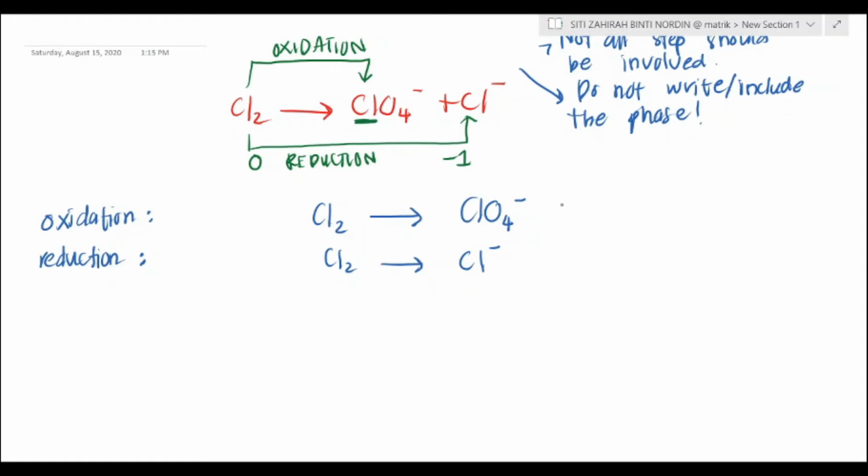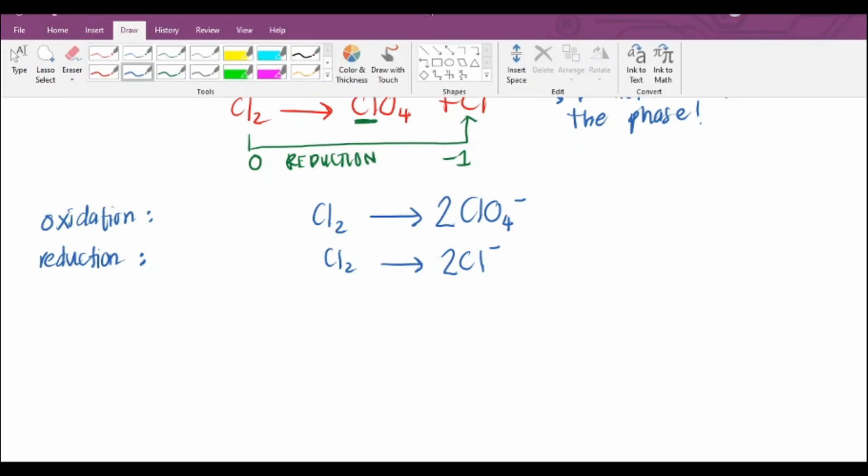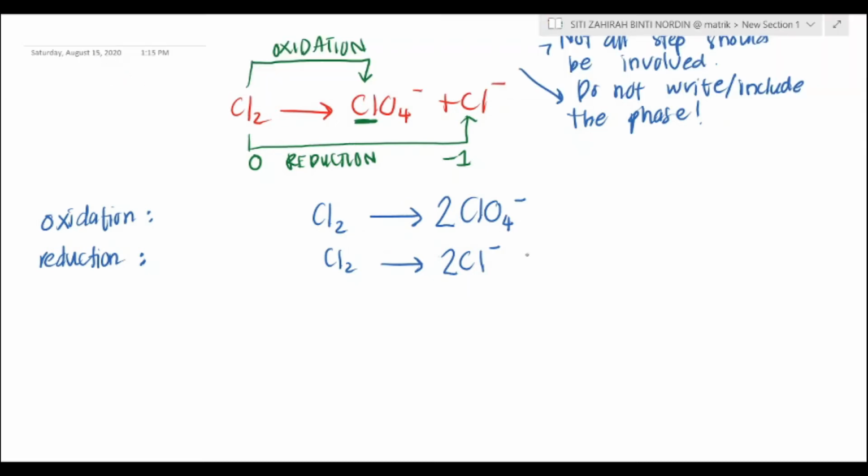The second step is to balance all atoms except oxygen and hydrogen. So we need to balance this Cl in both oxidation and reduction. We've got Cl2 in here, so this has 1 mole, so we need to times it with 2. And for reduction, Cl2 must form 2 Cl minus.